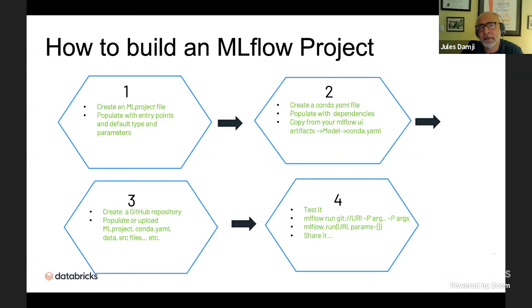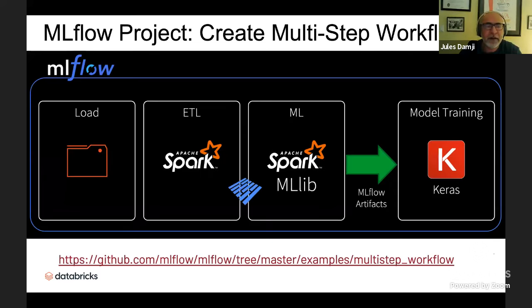And one of the good things about the project is that because of this way you can specify how the project should be executed, you can create what we call a pretty complicated multi-step workflow in your project specification. I can say, for example, I want to do three sets of things before I train my Keras model. I can load a particular file, let's say a CSV file from some location. I can use Spark to do the ETL. Once I'm done with the ETL and the feature engineering, I'm going to save all my clean data as a Parquet file.